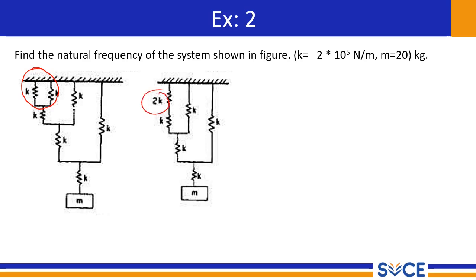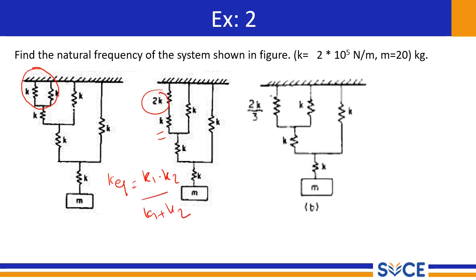Now the springs in parallel are converted into springs in series. One spring has a 2K value, another has a K value. Now what we have to do is apply the concept of springs in series. K equivalent equals K1 into K2 divided by K1 plus K2.